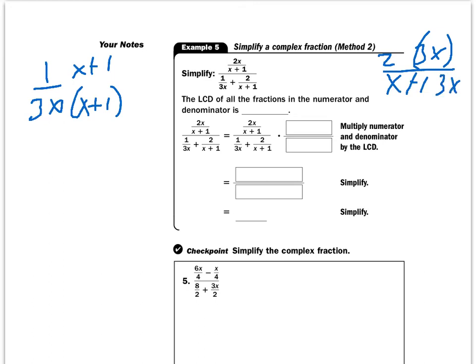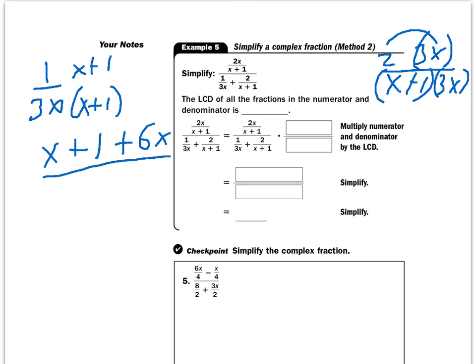Okay? And if I multiply all that out, I have x plus 1 plus 6x over my common denominator here, which is going to be 3x times x plus 1. I'm going to leave it separate for right now. I think that x plus 1 up here is giving me a little hint that I might be able to delete it later.